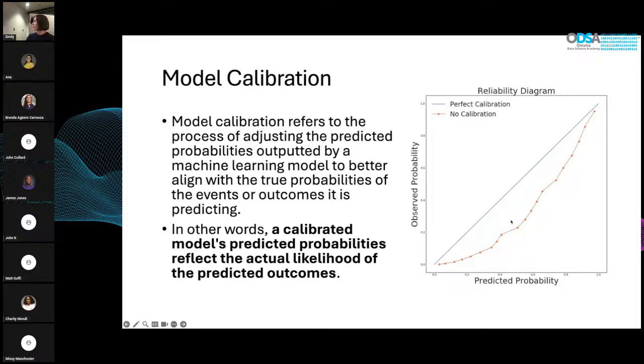You can see what this model actually does is there's very low observed probability, predicted probability is 0.1. I think what this is saying, if I'm reading it correctly, or what I would expect it to say, is that there are very few predictions in the 0.0 to 0.2 range from the model.